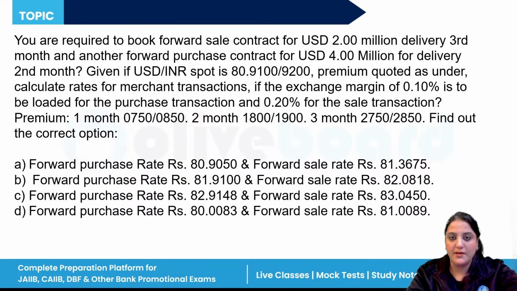Given US dollar INR spot rate, premium quoted as under, calculate rates for merchant transactions, if the exchange margin of 0.10% is to be loaded for the purchase transaction and 0.20% for the sale transaction. Premium is given for 3 months, so find the correct option here.